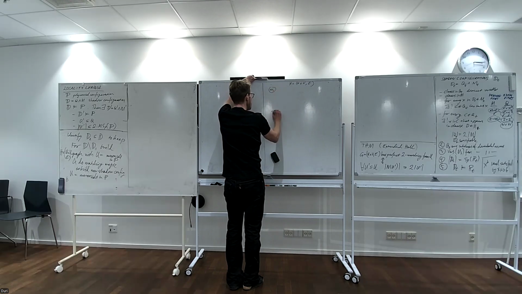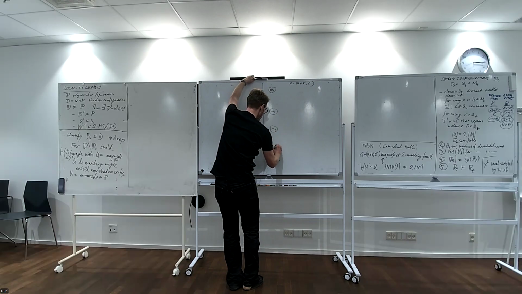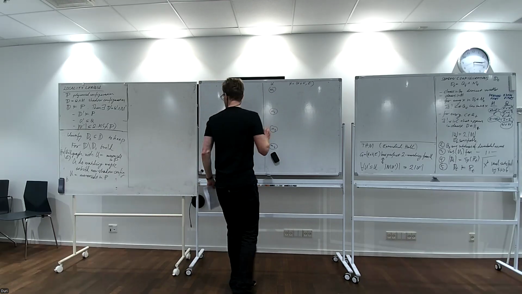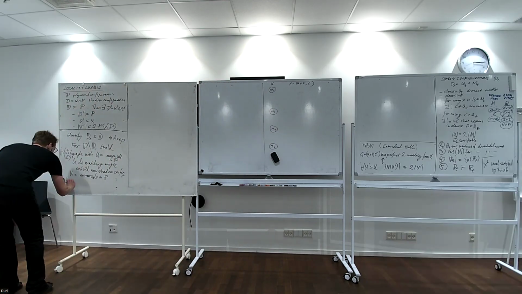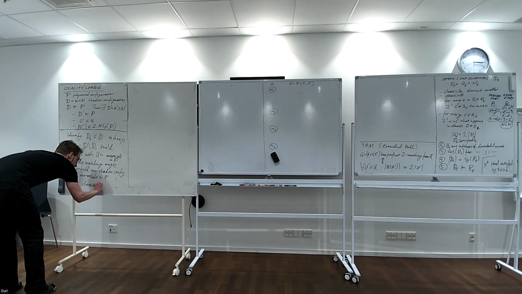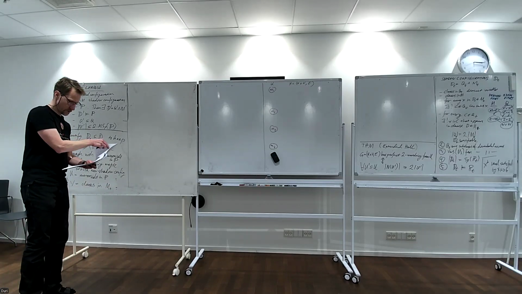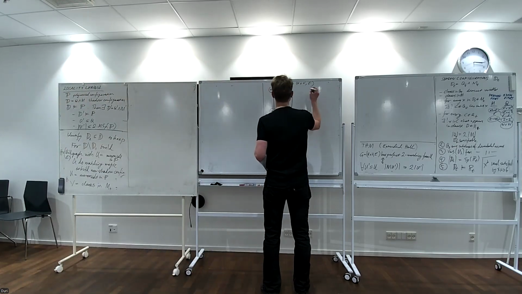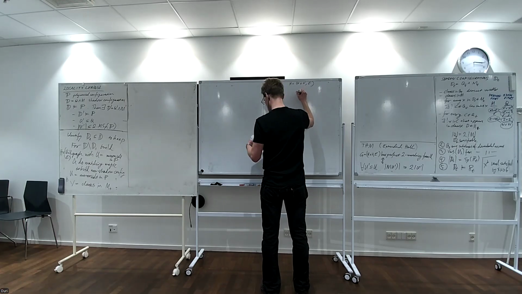M1, M2, M3, M4. So this is U. V is going to be the clauses in M. So I'm not sure if I'm going to give them names.